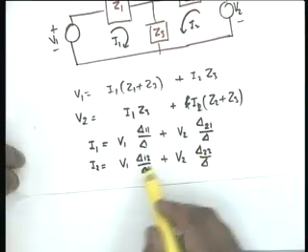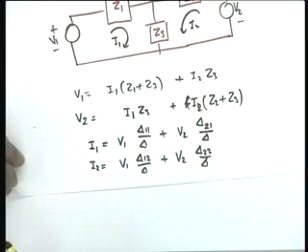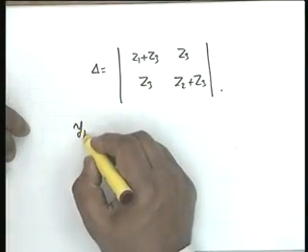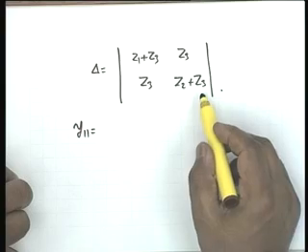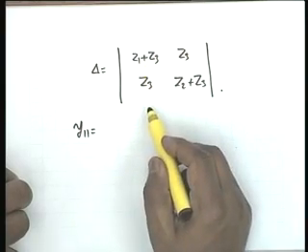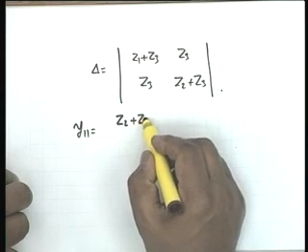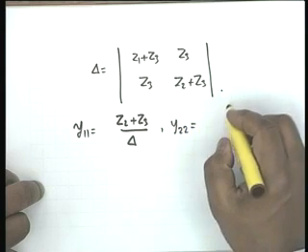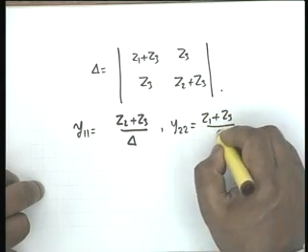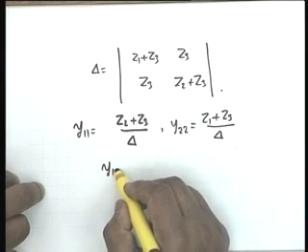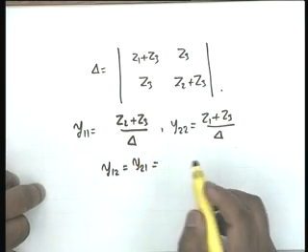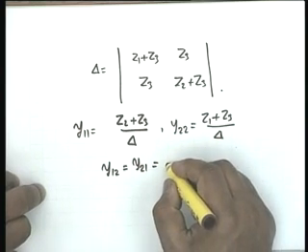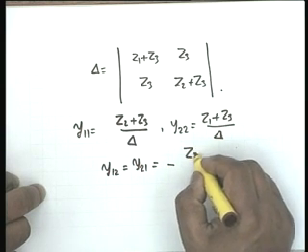And by comparison you see that Y11 is del 1 by del and so on. Therefore, Y11 would be equal to del 11. So, first row and first column goes. So, Z2 plus Z3 divided by del. Similarly, Y22 is equal to Z1 plus Z3 divided by del. Y12 which is equal to Y21 shall be equal to del 21 or 12 by del, and the sign shall be negative. So, minus Z3 by del.